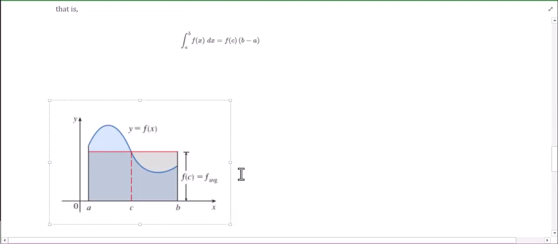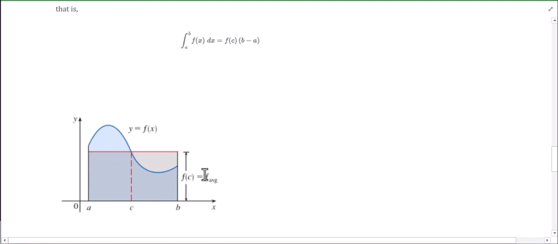Essentially what that is saying is that if you have the area from a to b under a curve, so this blue shaded area here, then at some point between a and b, there's a value of c, so that if you do the area of that rectangle, that height, f of c, the height of that rectangle, and then the length is the whole length of your interval a to b, that area of that rectangle is equal to the area under the curve.